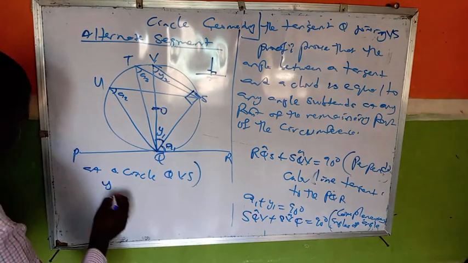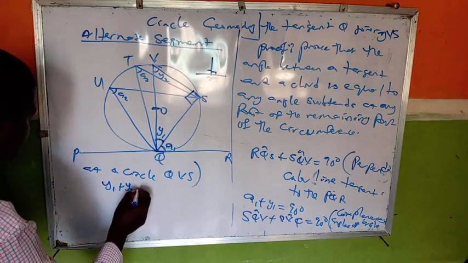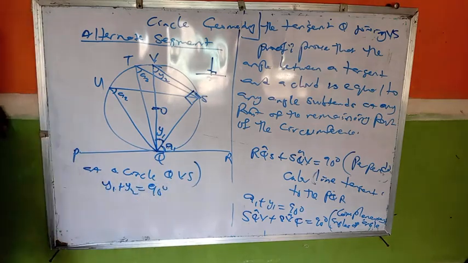So that's the proof: y1 plus y2 equals 90 degrees.